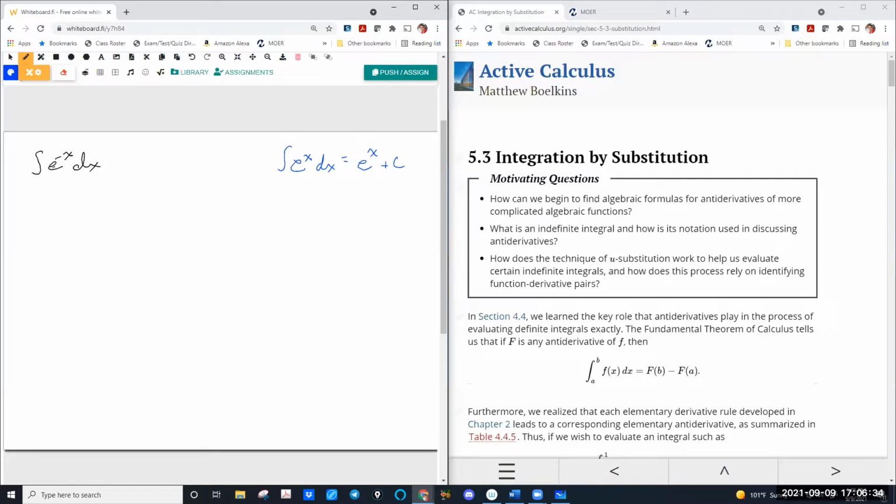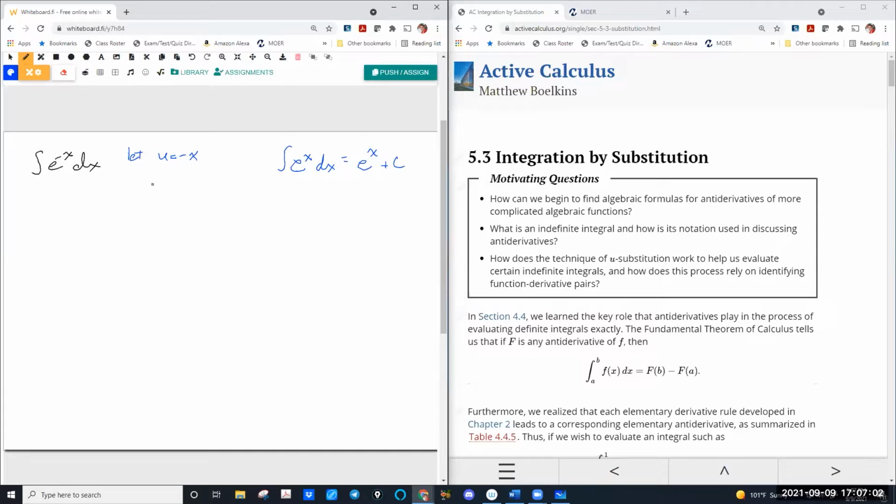Looking at this one, I know the negative x is what's making this not our basic antiderivative rule. So I'm going to let u equal e to the negative x. Excuse me, sorry. I'm going to let u equal negative x, because it's just that exponent that's the issue.